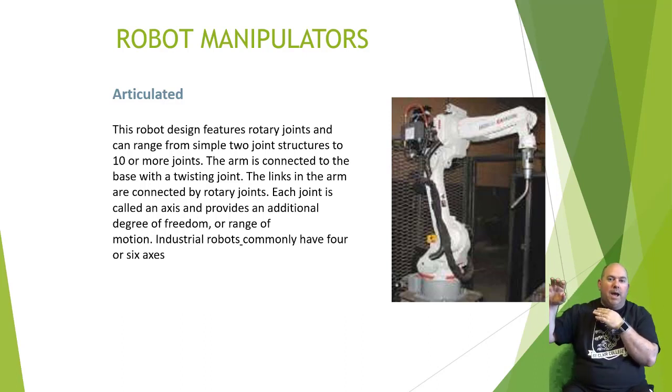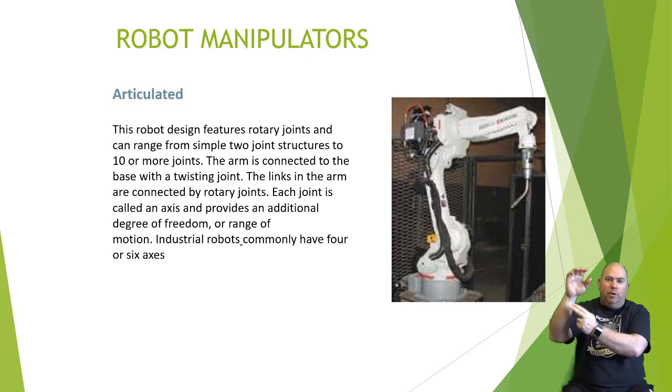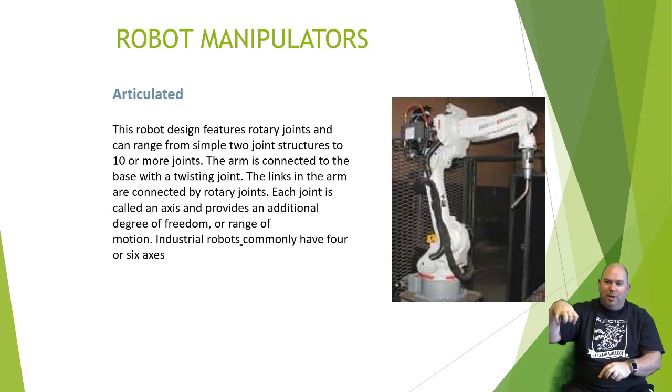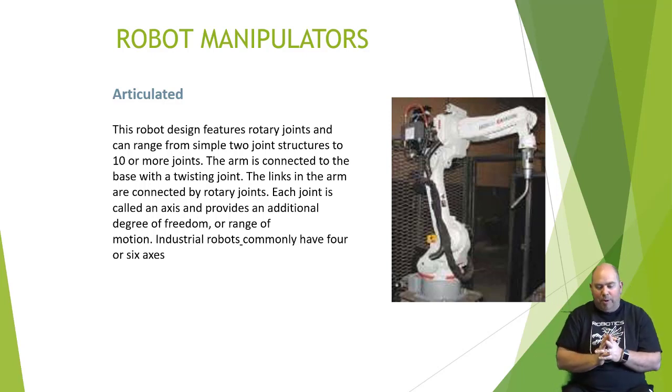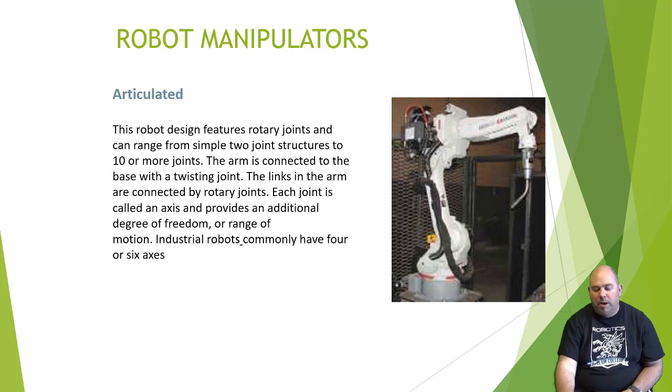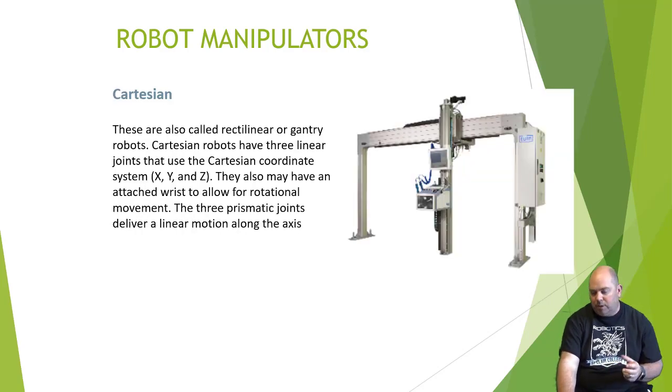If you want to count how many axes that has, 1, 2, 3, 4, 5, 6. That is 6 actual axes there if you want to consider how you can move like that. So we call this a 6-axis articulated robot. That is what we are using in our labs. The big orange ABBs and the little white ABBs, which you'll be using in your next course.